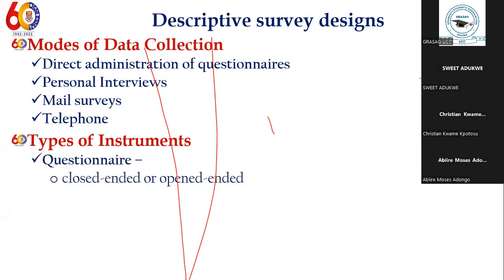As we have said, closed-ended or open-ended. A closed-ended questionnaire limits your respondents to give you information that is predefined for them. So the closed-ended questionnaires make use of Likert scale types of questionnaires. So for example, you want to see individuals' agreement or disagreement on a particular issue or situation.